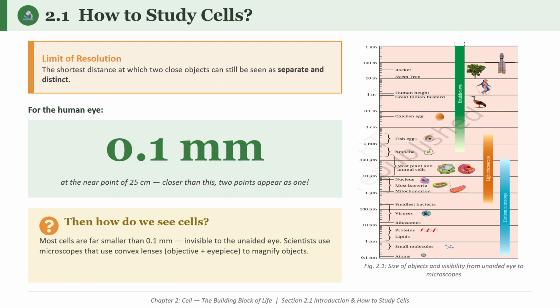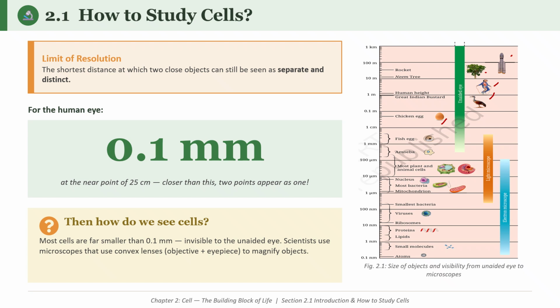Can you see the large visible objects here, children? Here the rockets, these objects are large. They can be seen with your eyes. You can see rockets, trees, human beings, birds, and also a chicken egg.